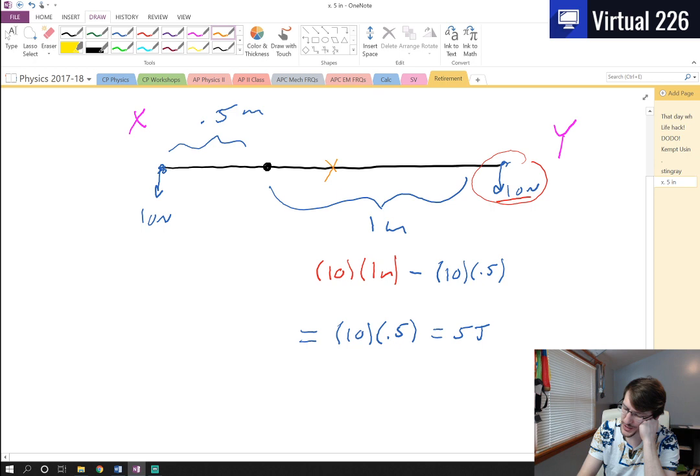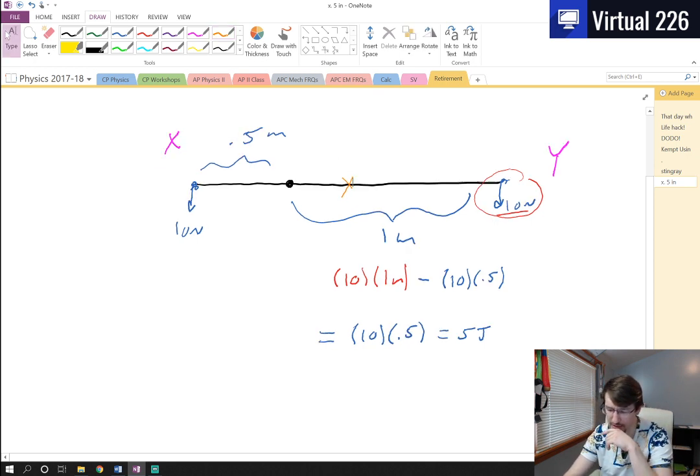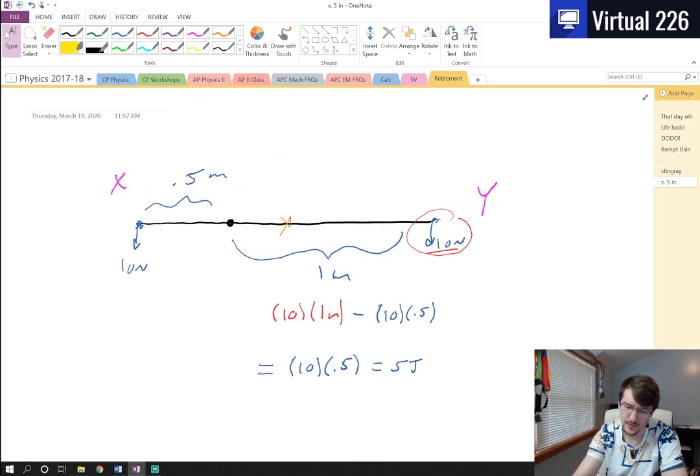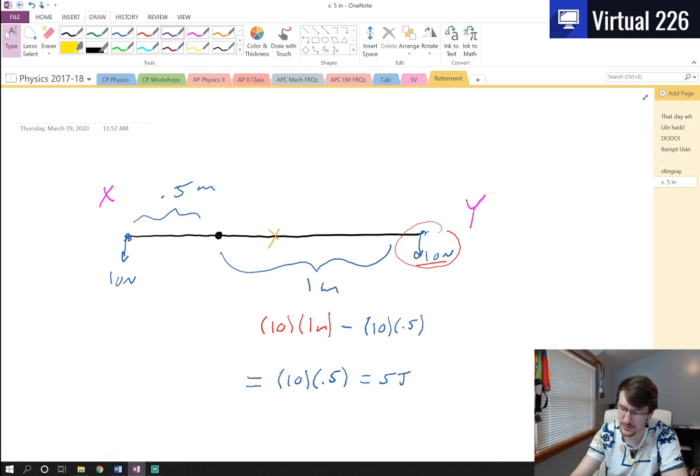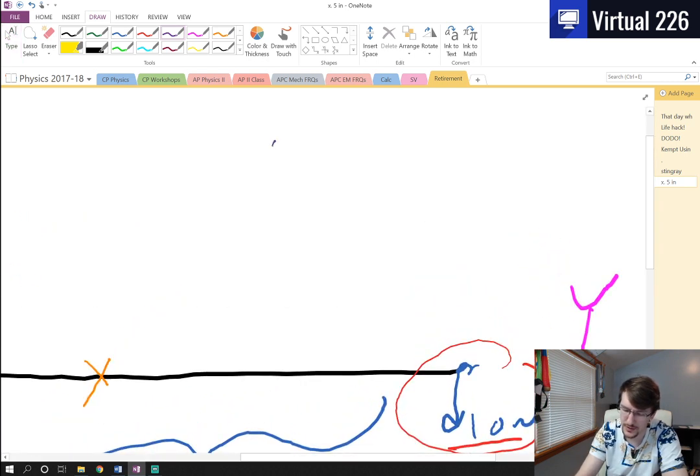Because this one is rotating out a little bit, what's actually going to happen here is y is going to be rotating faster than x. They're both going to have the same angular velocity, so their angular velocity is going to be constant, but their linear velocities, which is the angular velocity times a position, are going to be different.